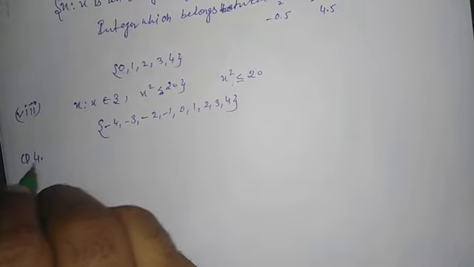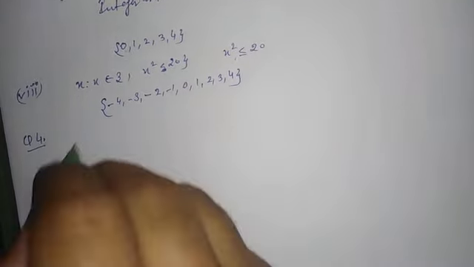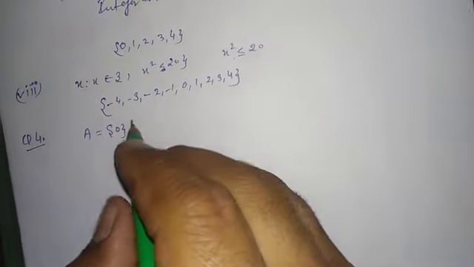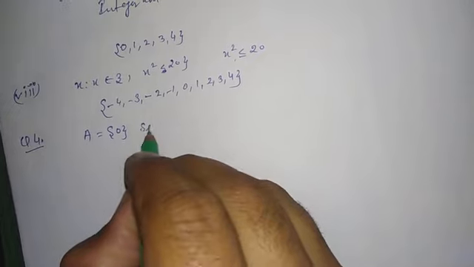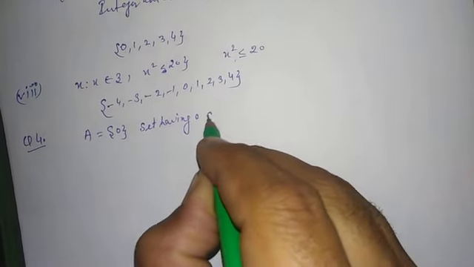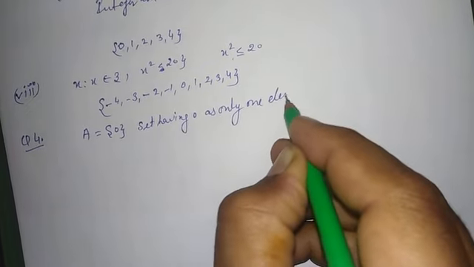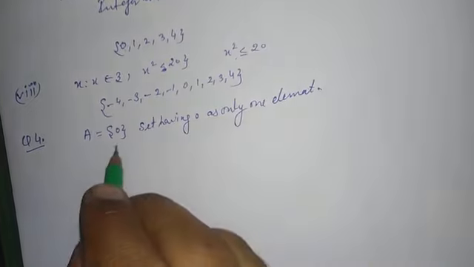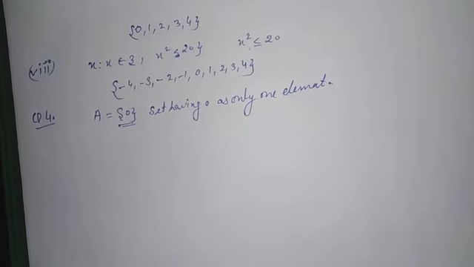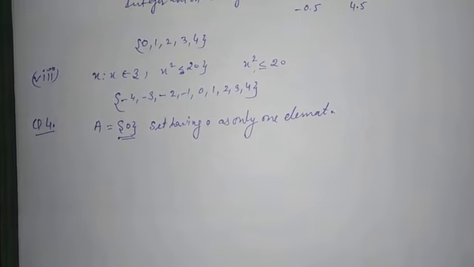Question number 4. Which of the following sets are null sets and why? A is equal to {0}, a set having 0 as its only element. The set given contains the element 0, so it is not a null set.